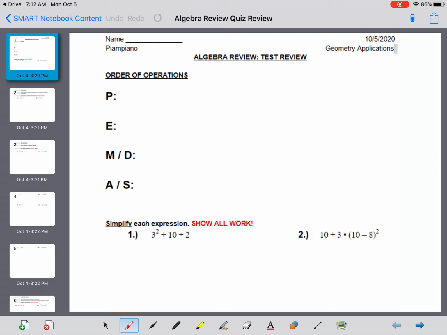All right, so the first thing is you want to review the order of operations. So remember, PEMDAS stands for parentheses, exponents, multiply and divide.